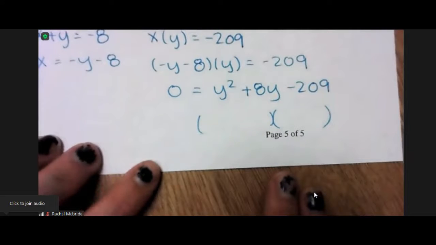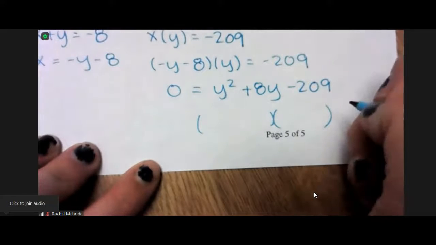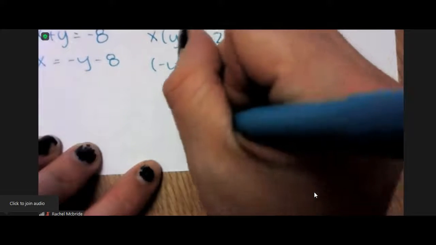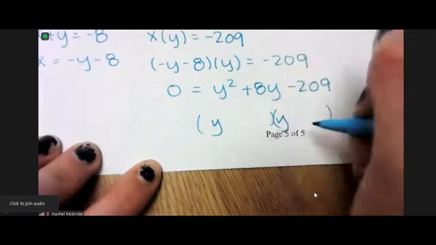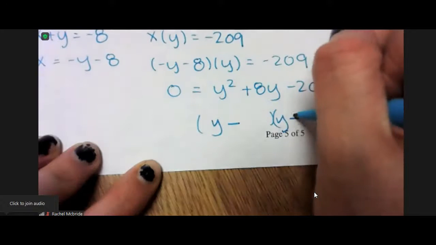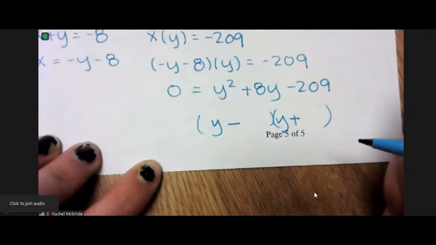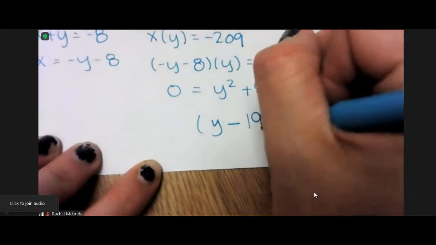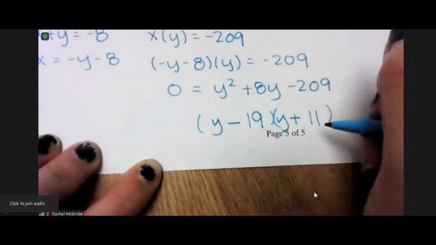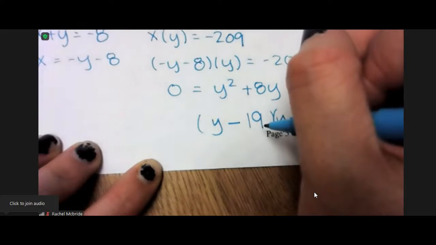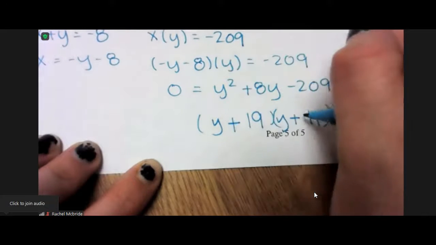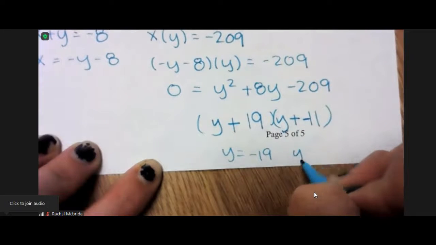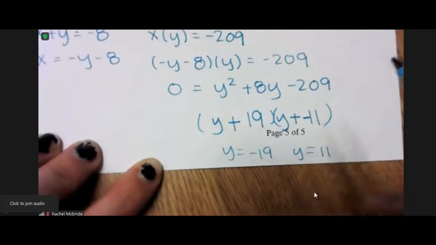Let's sum to 8. Alright, flip that. So y equals negative 19 and y equals 11.